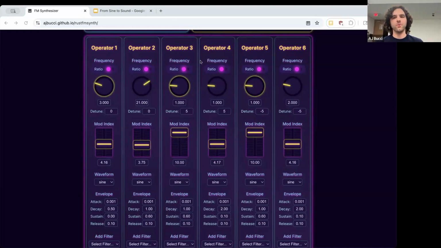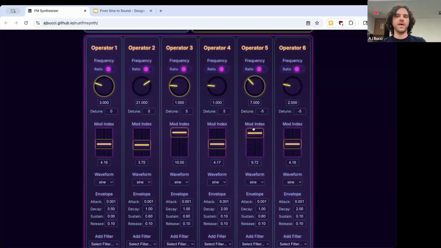One thing that's nice about the OPSIX is that as you turn these ratio dials, it defaults to integer ratios, which are more consonant. So it's more musical. They also scale the modulation index so that, I think, and at least how I implemented it based on my ear, is they have an exponential curve on the modulation index.